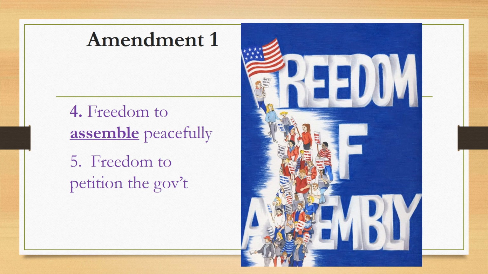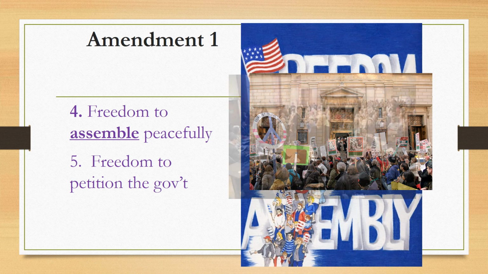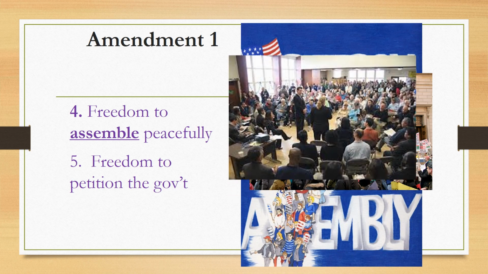Our last 2 freedoms in Amendment 1 are the freedom to assemble peacefully and the freedom to petition the government. The freedom of assembly is really another way of saying that the people have a right to protest peacefully. You see this a lot living in this area, people going to the Capitol with signs and rallies, sharing how they feel about a particular topic or issue.